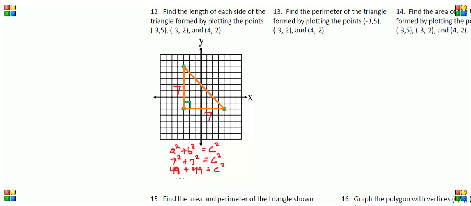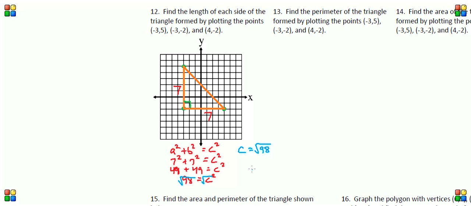49 plus 49 is 98 equals c squared, and we've learned that to get c by itself, we have to take the square root, because a square root undoes a square, and we're going to end up with c being equal to the square root of 98.